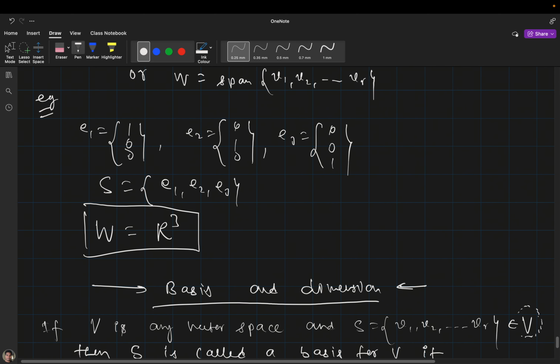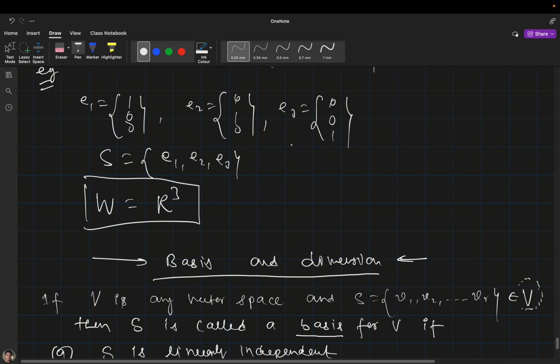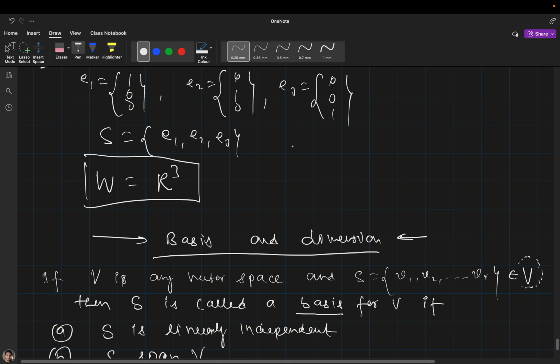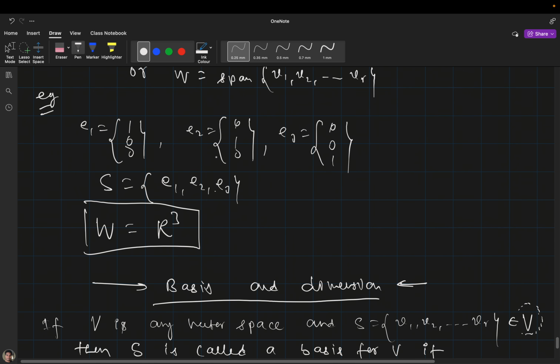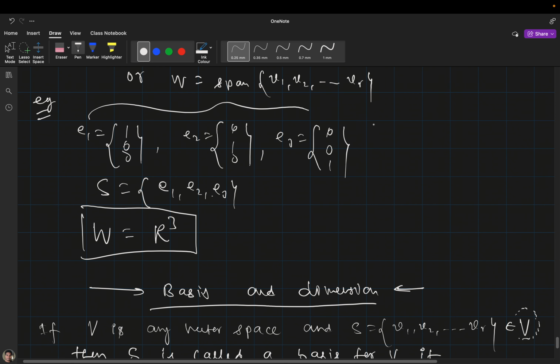It is exactly the previous example. You can see that all these three vectors are part of the three-dimensional vector space, right? Now what I am saying is just take three vectors e1, e2 and e3. So we can call e1, e2 and e3 a basis for the vector space if these three are independent. That is the first condition. So for three-dimensional space, we can call these three vectors a basis.